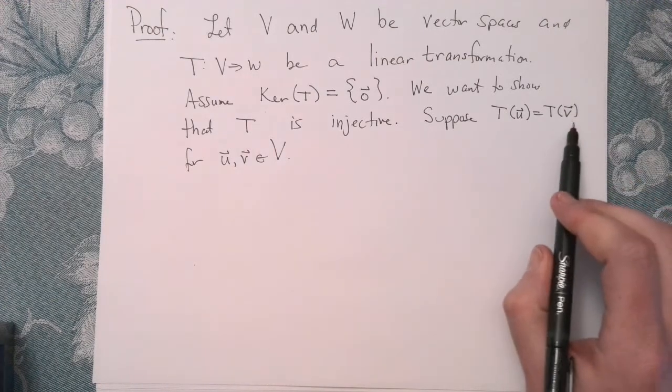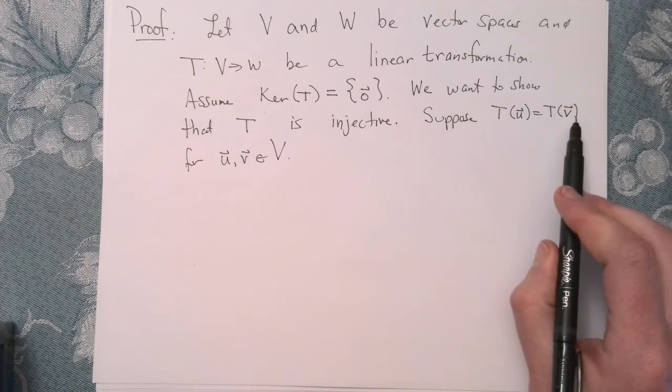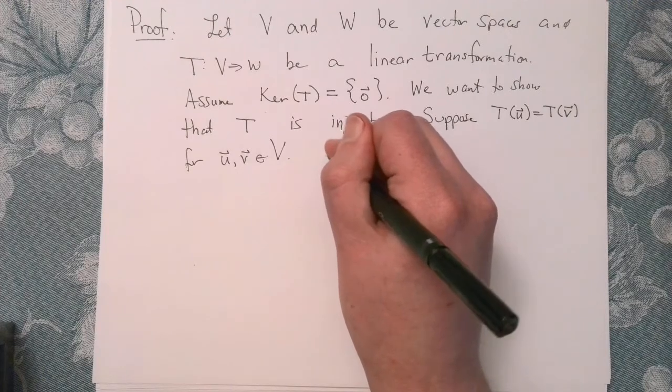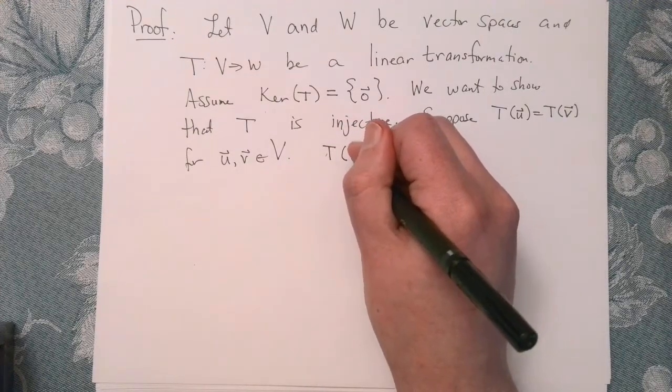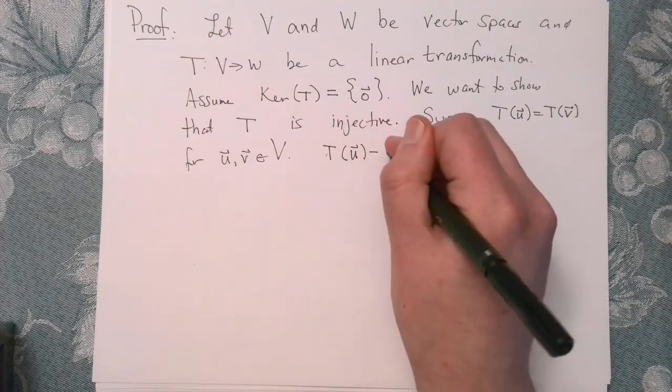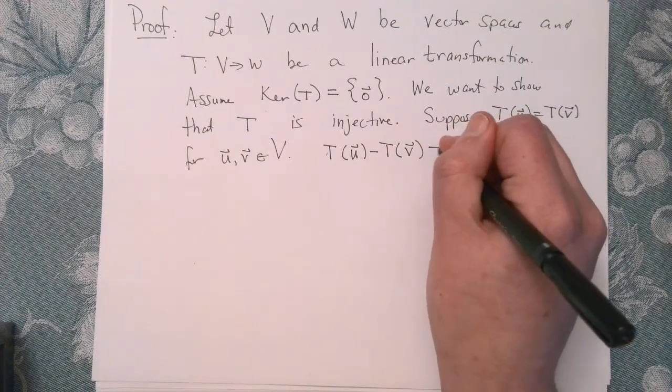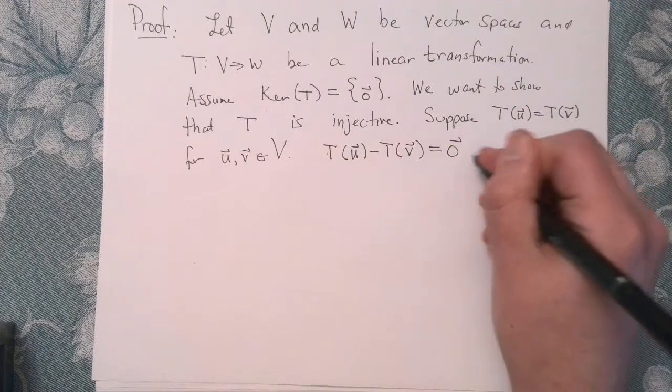Okay, so let's subtract T of v from both sides and then keep in mind properties of linear transformations. So if I subtract T of v from both sides, I've got the following. T of u minus T of v is equal to the zero vector.